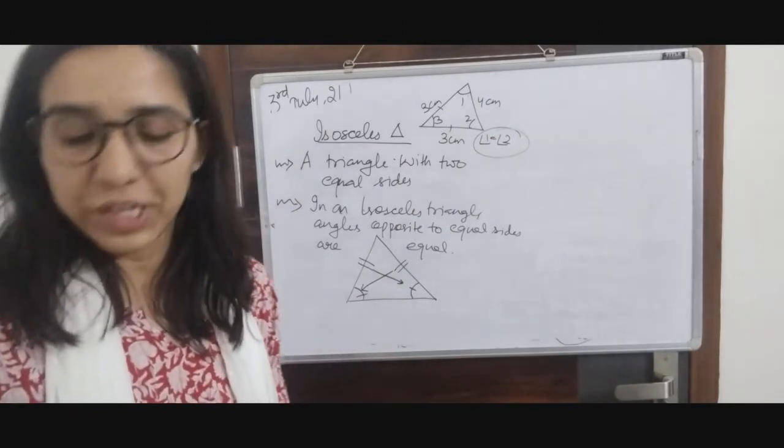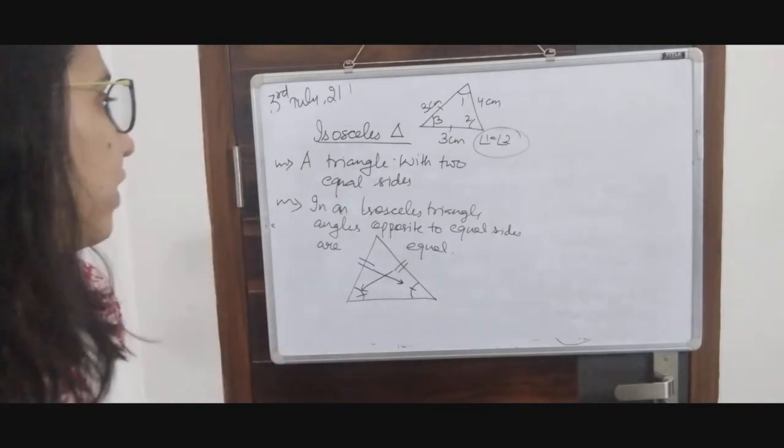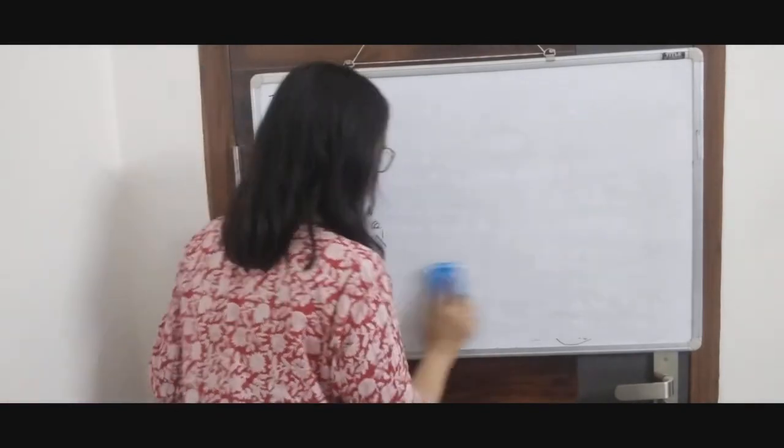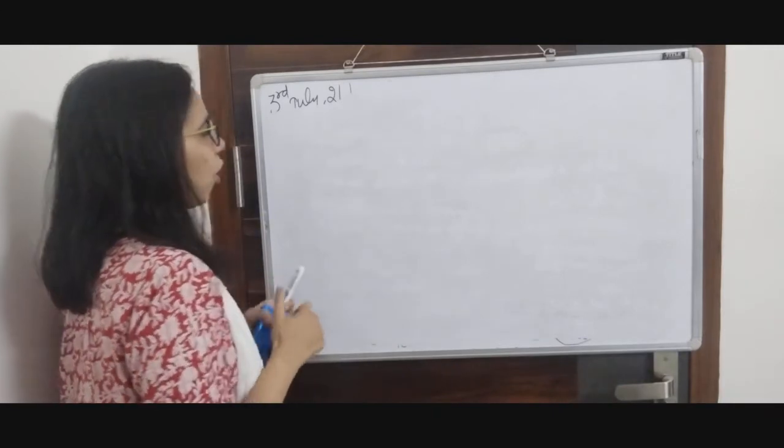Next we have the equilateral triangle. In an equilateral triangle, we have two properties.